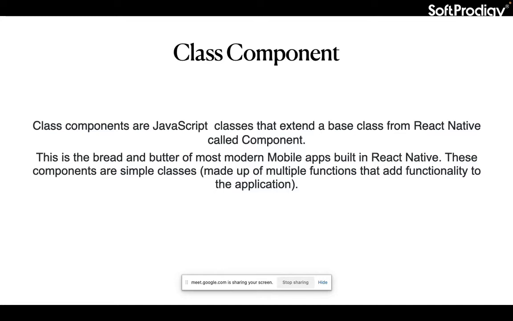Class components are JavaScript classes that extend the base class from the React Native component. This is the bread and butter for most modern mobile apps built in React Native. These components are simple classes made up of multiple functions that add functionalities to the application.